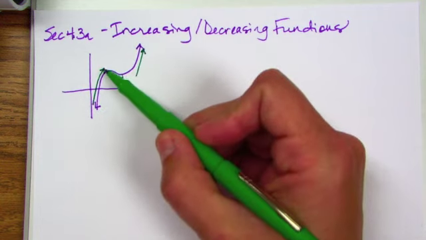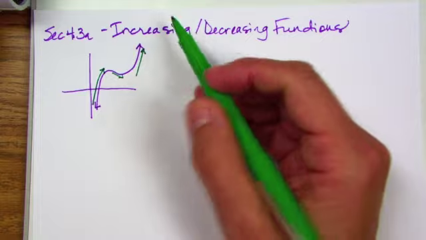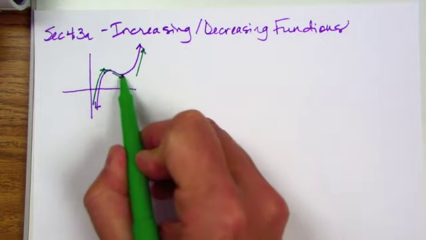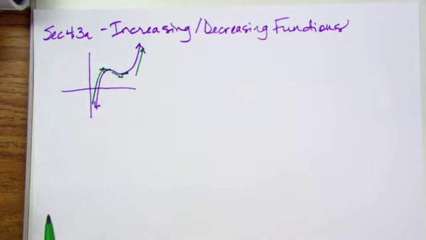Positive derivative? Negative derivative? Positive derivative? What's the derivative here and here? Zero, right? So when the derivative is zero, it has the potential to do what? Be a minimum or a maximum, right? Change direction, okay?